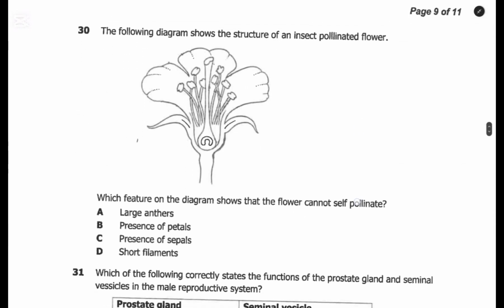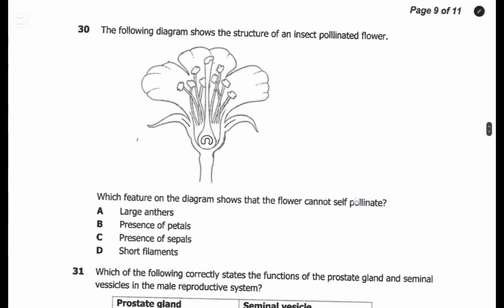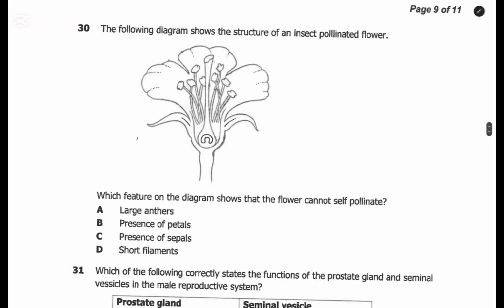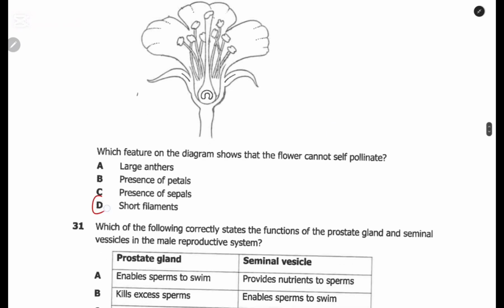Question 30. The diagram below shows the structure of an insect pollinated flower. Which feature on the diagram shows that a flower cannot self-pollinate? Those that can self-pollinate have the anther on top and the stigma down. This one cannot self-pollinate because of the short filament.